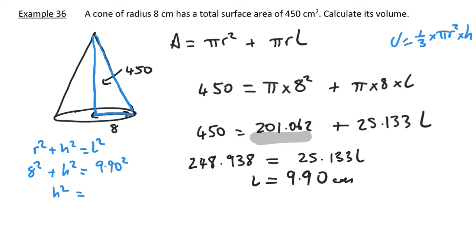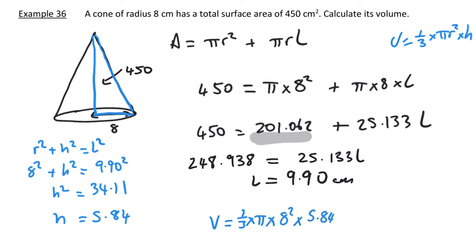H squared then is going to be 9.90 squared minus 8 squared, which is 34.11. So h then is the square root of 34.11, which is 5.84. So now we can work out the volume. So it's 1/3 times pi times 8 squared times 5.84, which is 391.4 cubic centimetres.